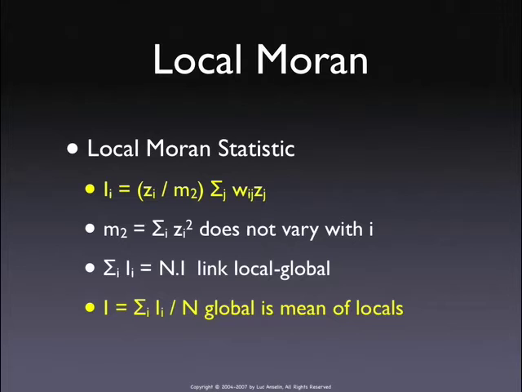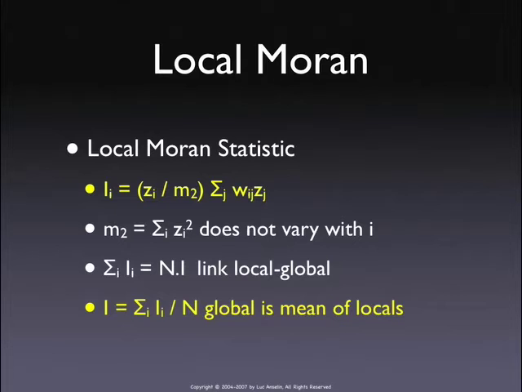Of course, if you want the actual value to connect back to the global Moran, say your global Moran is 0.5 and you have your 50 local Morans, you want them to add up to something that scales back to 0.5. Then you need to use this first part. But if you're just interested in inference, this is the only part you have to worry about. The M2 does not vary with I. The link is simply a scaling by the number of observations.